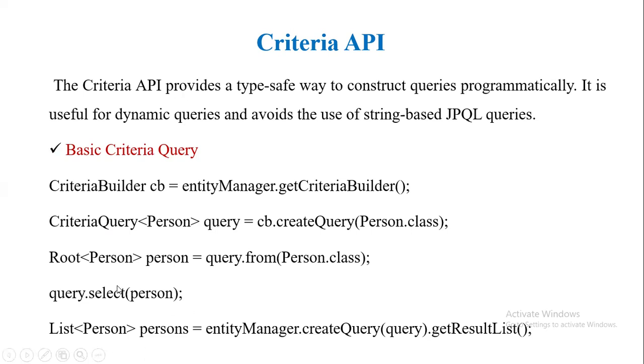So here it specifies that we want to select all fields of the Person entity. And finally we have List<Person> persons equal to entityManager.createQuery(query).getResultList(). So this last line stores the fetched Person entities that JPA retrieved from the database.